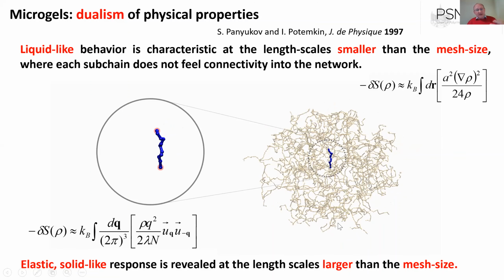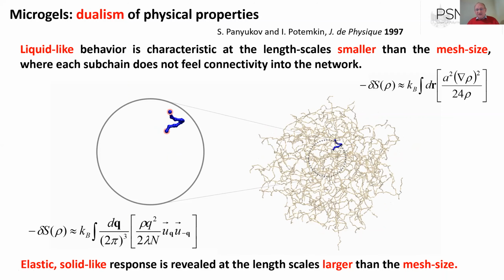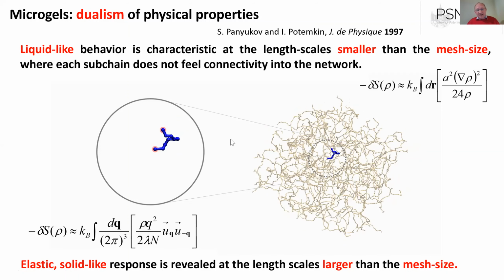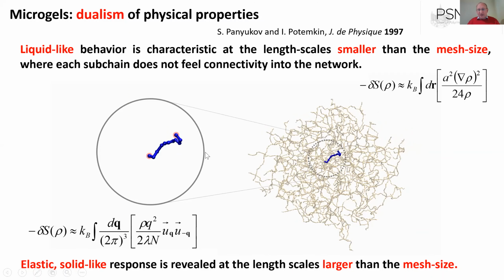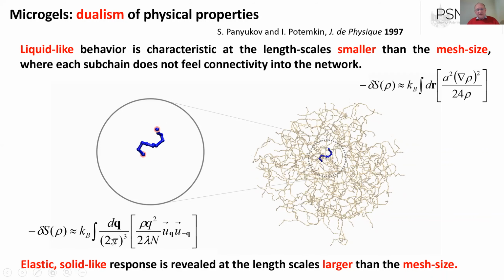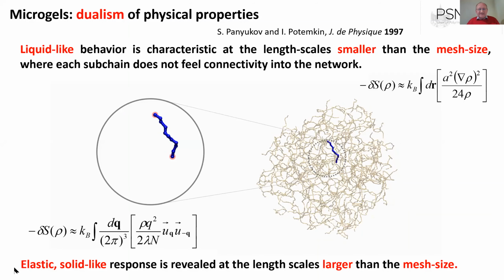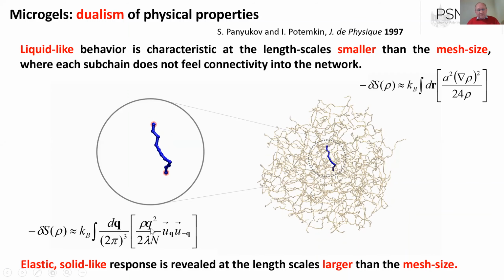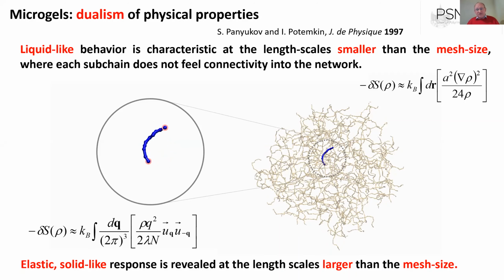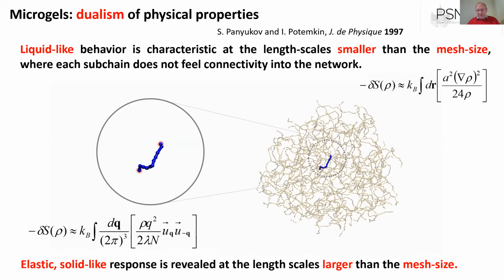But at length scales much larger than the mesh size, the length scale of the whole microgel, it behaves like what we call a soft solid, and it can be described in terms of the formalism of elasticity theory, and the elastic moduli are pretty small. They depend on the length of the subchain. The longer the subchain, the softer the microgel.